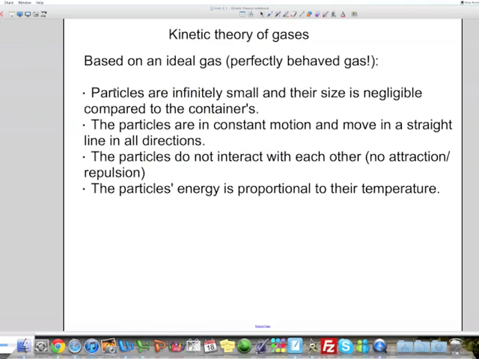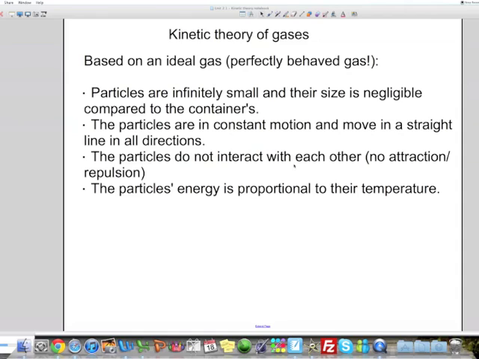First of all, a gas is still made of particles, whether it's ideal or not, particles that are very small. Their size is negligible compared to the container, so the gas will still occupy the whole space available. The particles are still in motion, and they travel in a straight line. Where it's a little different is that the particles, for a perfect or ideal gas, will not interact with each other.